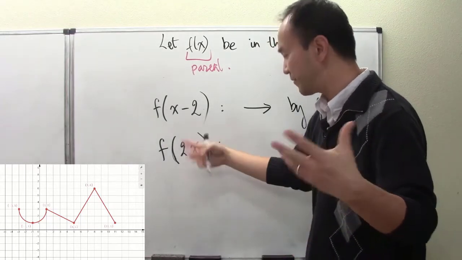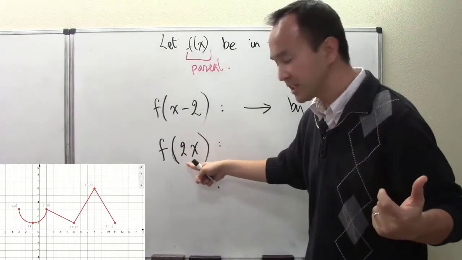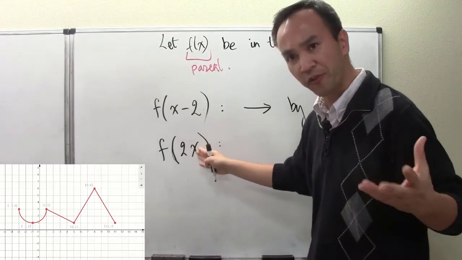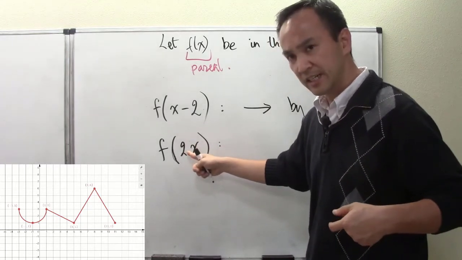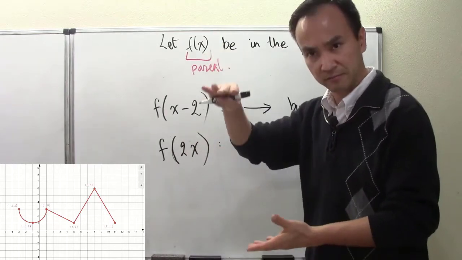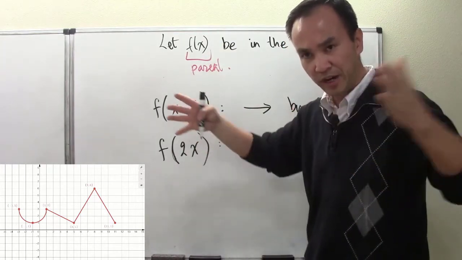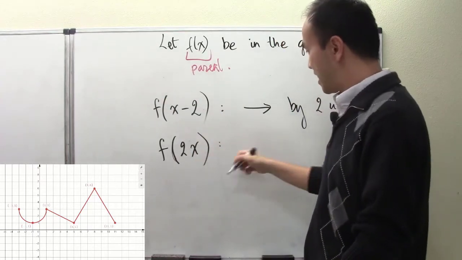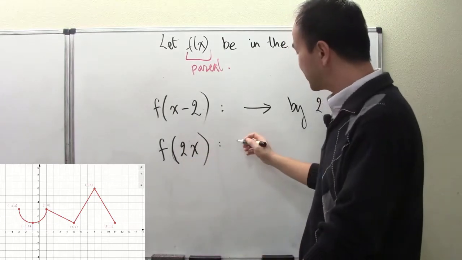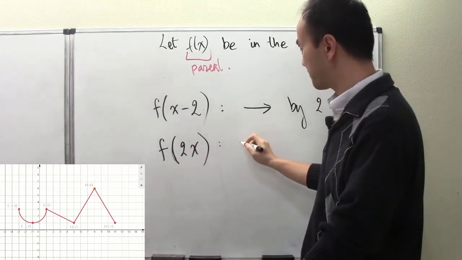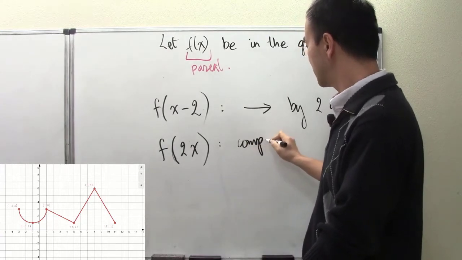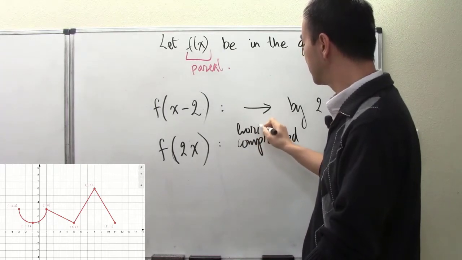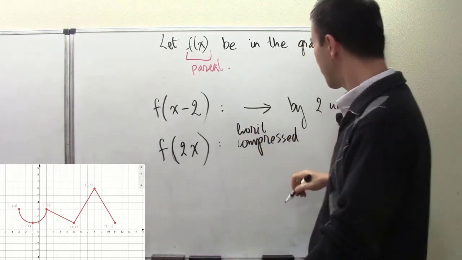Okay, and then we've learned that if the absolute value of this coefficient, and by the way, a coefficient other than 1 multiplied with x is going to give a horizontal scaling, okay? Either a compression or a stretch or even a flip. And so in that way, for this particular problem, the expectation here is that we're going to have a compression, okay? It's compressed, and to be precise, it's horizontally compressed.